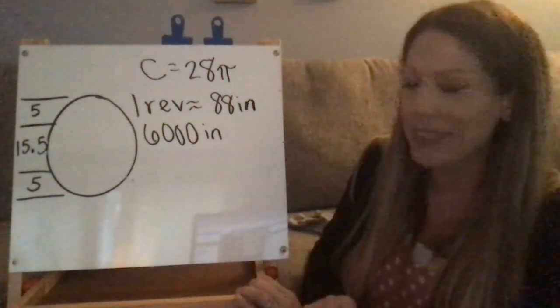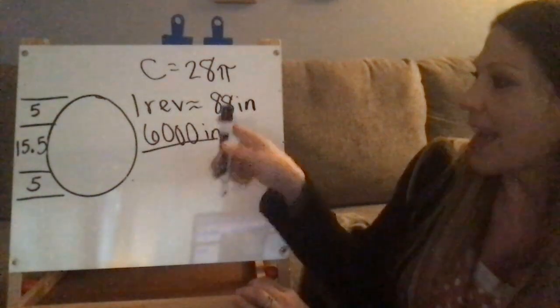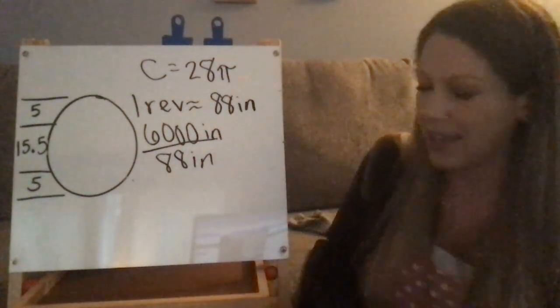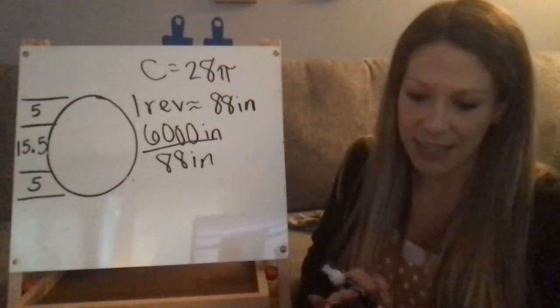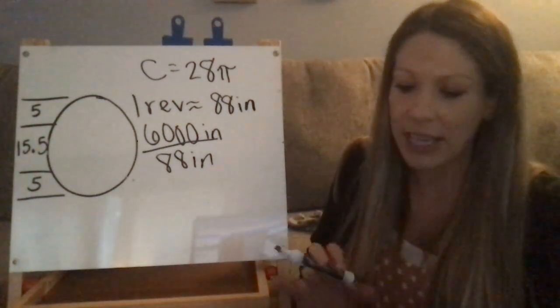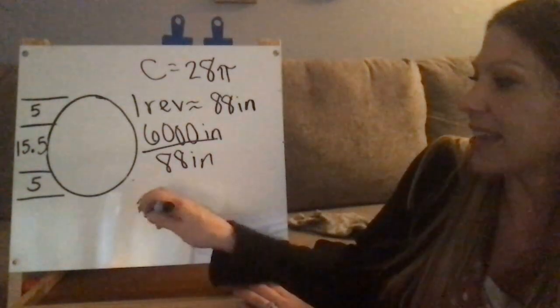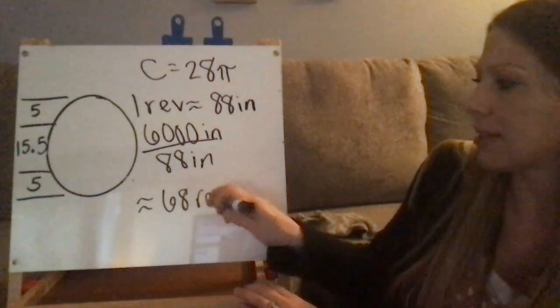We're going 6,000 inches. And each time we go around, we go 88 inches. So if I take 6,000 divided by 88, it would mean that we made about 68 revolutions.